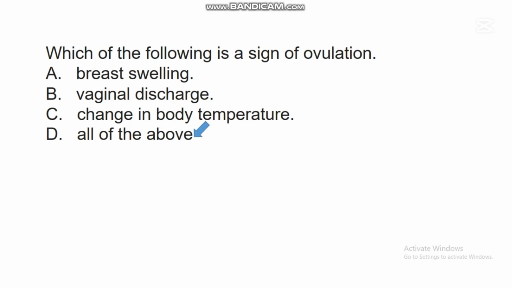All these options are signs of ovulation. When ovulation is taking place in a woman, studies have shown that there will be breast swelling, there will be vaginal discharge, there will be change in body temperature, and other things.